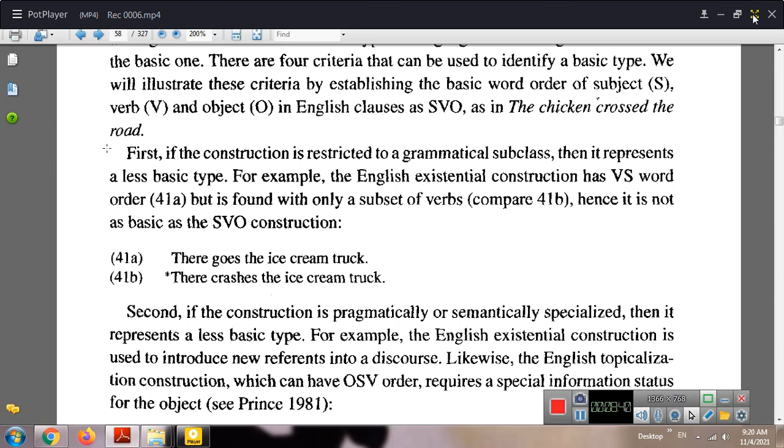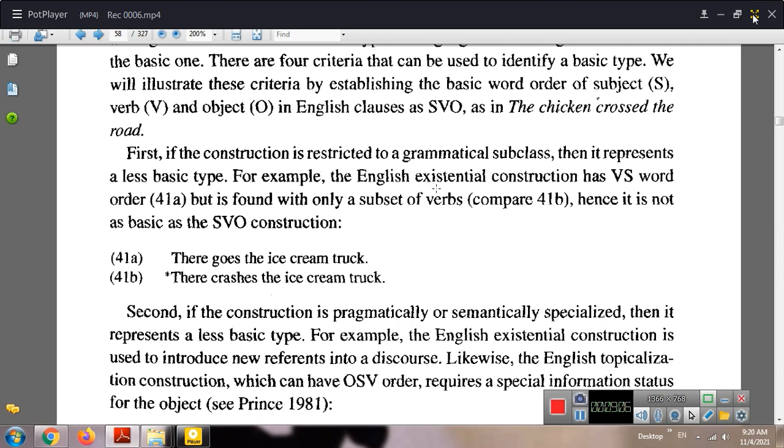But sometimes we don't have such a structure. In which condition? One of them is here. If the construction is restricted to a grammatical subclass, then it represents a less basic type.